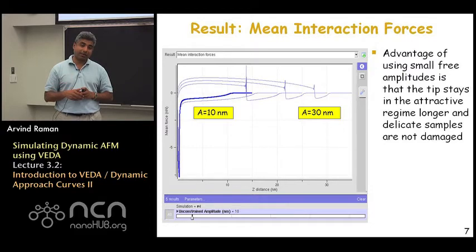In the case of a small initial amplitude of 10 nanometers, we find that the average force is negative throughout the entire Z range, indicative again, proving, in fact, that the tip stays in the attractive regime throughout. So the key advantage, if you were doing this experiment, is that as you reduce the oscillation amplitude of the microscope, you tend to operate it in the attractive regime of operation without causing large damage to the sample.